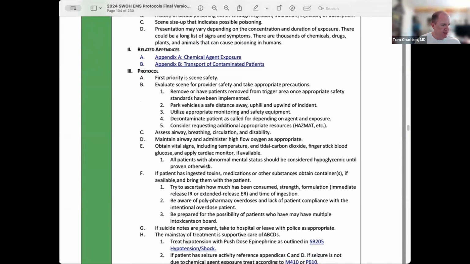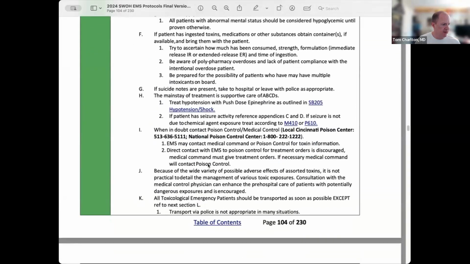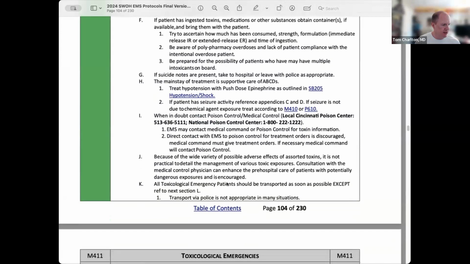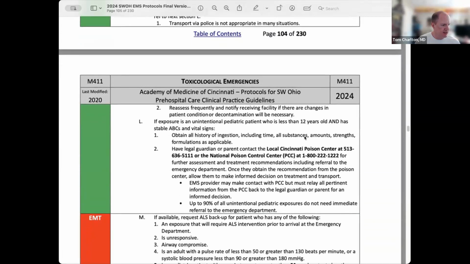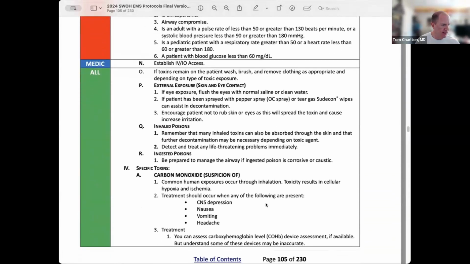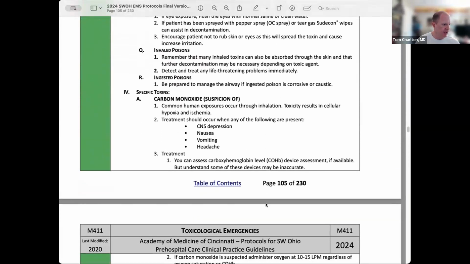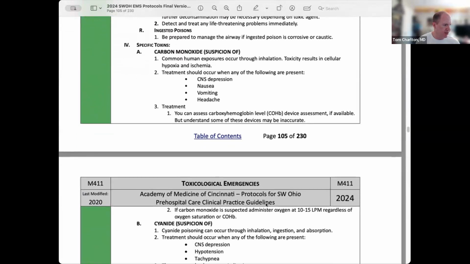So it goes through a bunch of the stuff that we had already talked about. It also says here, especially for kids, that the parent or the guardian can call poison control while we're there and have poison control guide the parents to a decision on whether or not they're going to go to the hospital. In addition, it's got a lot of the specific things that we talked about as well.